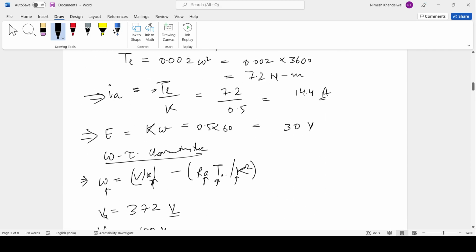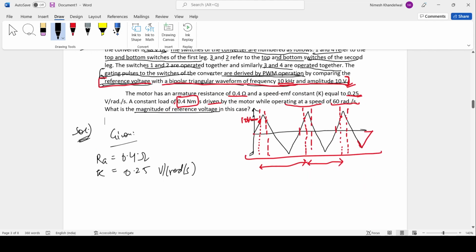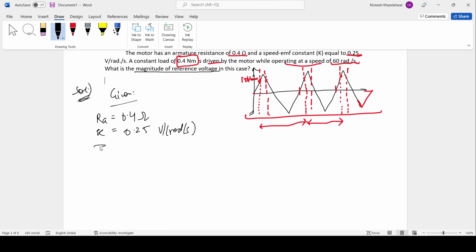The load essentially is a constant load this time, so there is no dependence on angular speed. The angular speed is again given to us as 60 radian per second. Also, the source voltage is given to us, and in this case it is 48 volts.